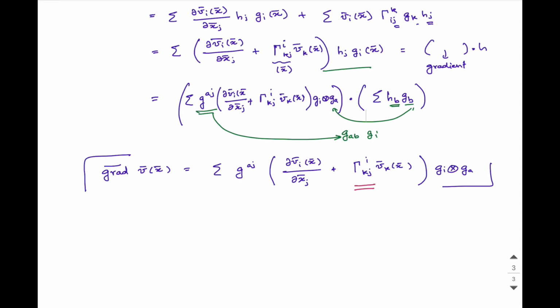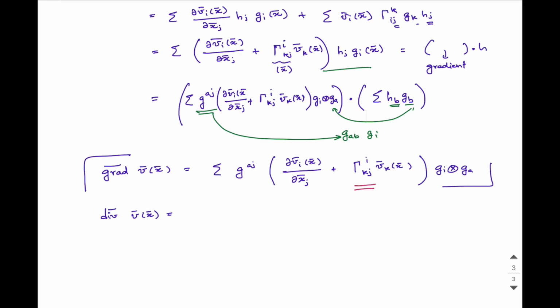Now that we have this, we can compute all the other quantities like divergence and curl based on the same recipe. For instance, to compute the divergence of V bar, again I'll use divergence with the over bar to say that it's a divergence with respect to the new coordinate system. All I have to do is contract i and a over here.